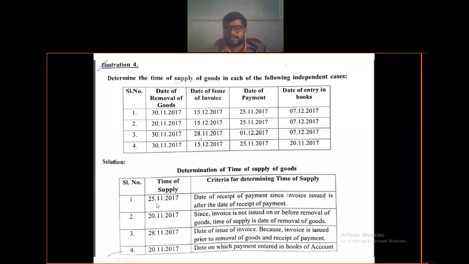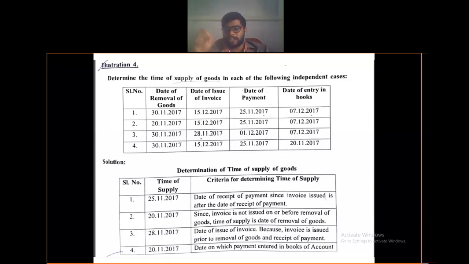Since the invoice is issued after the date of receipt of payment, before getting the delivery of goods or before issuing the invoice itself, the recipient paid the amount to the supplier's account.